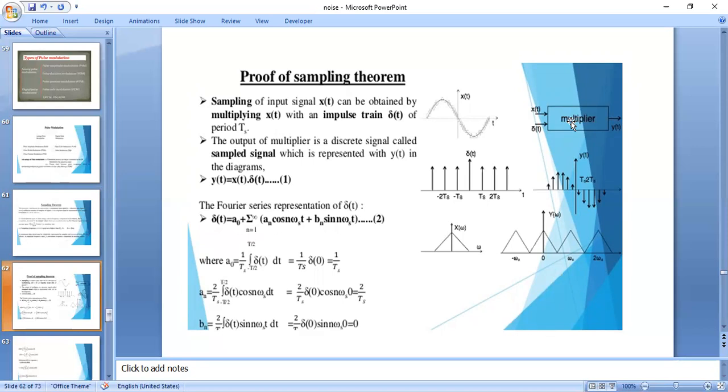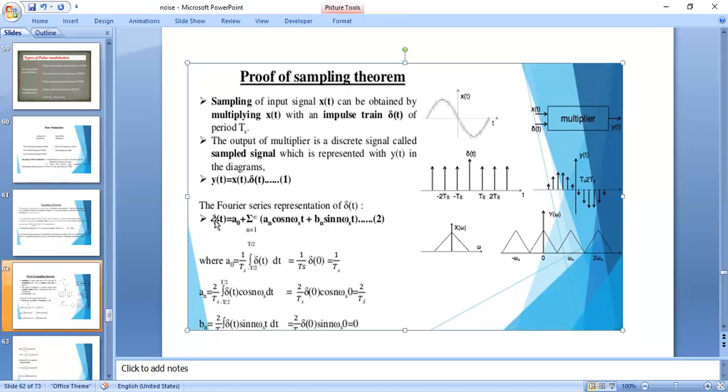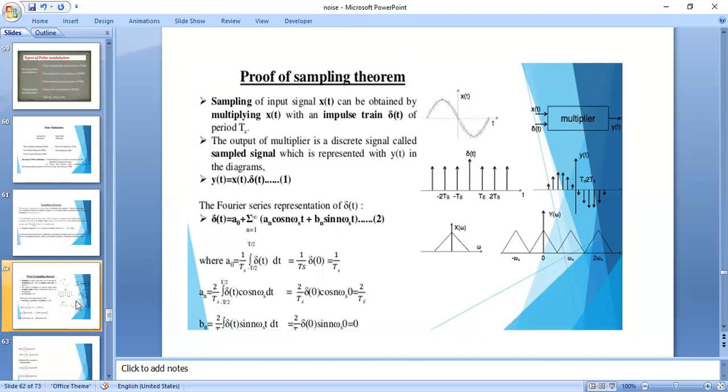To do sampling, we assume an impulse train, that is delta of t. You may observe this is the sampling train, the impulse train. Here the samples are taken apart with a distance Ts.